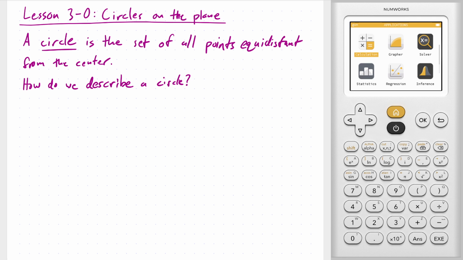And I'm actually going to start with right triangles, which might seem kind of an odd way to start since we're talking about circles. But stick with me, and I think you're going to see where I'm going with this.